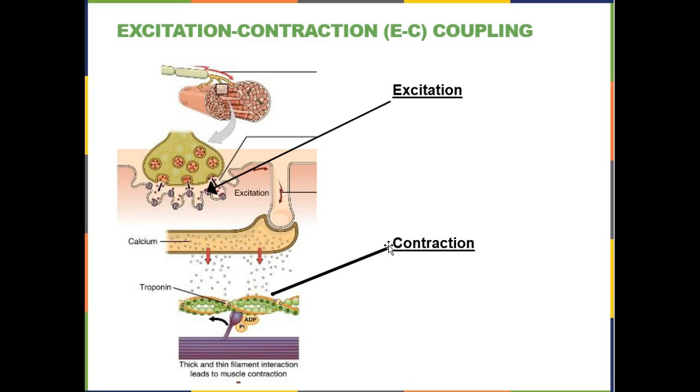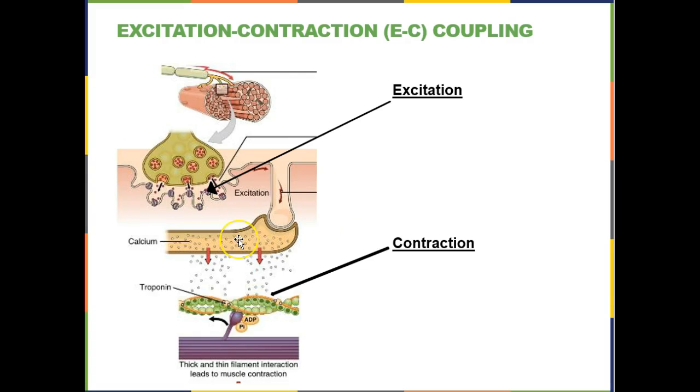The videos I'm going to have you watch break this up into two separate steps. So they talk about the function of the neuromuscular junction and how excitation works. And then in a separate video, they start with excitation and finish the contraction. So they split the information up a little bit differently than I do, but the information is pretty much still the same.